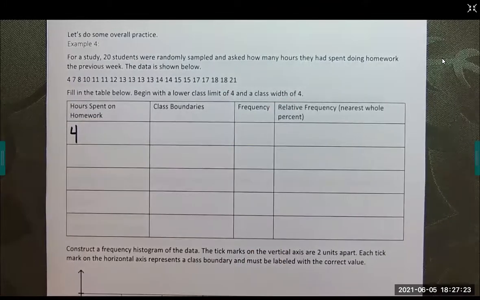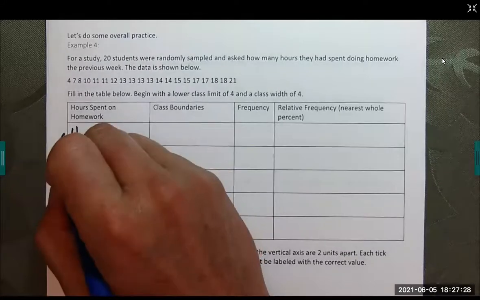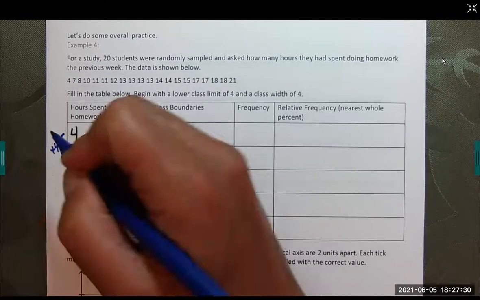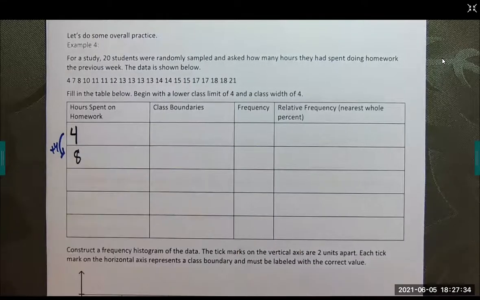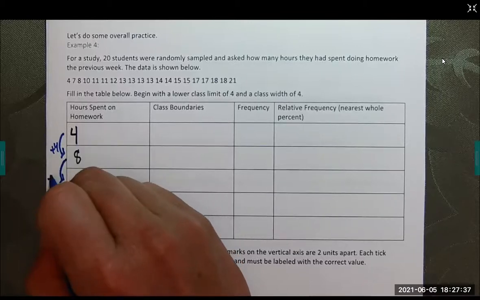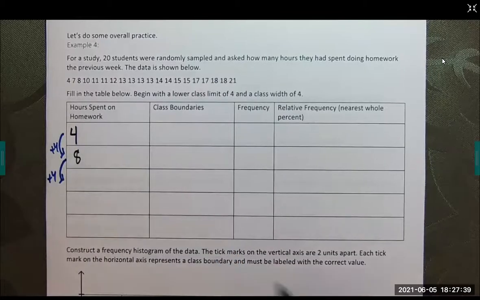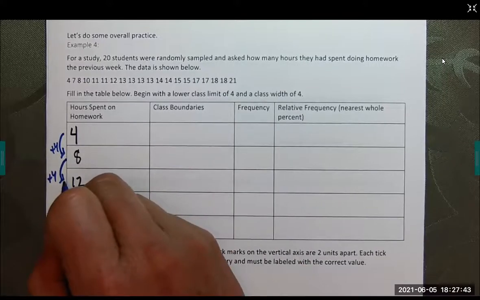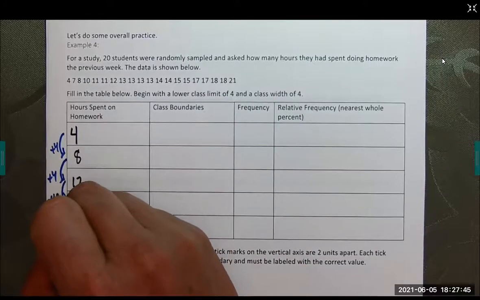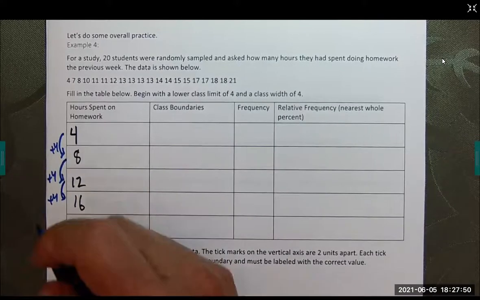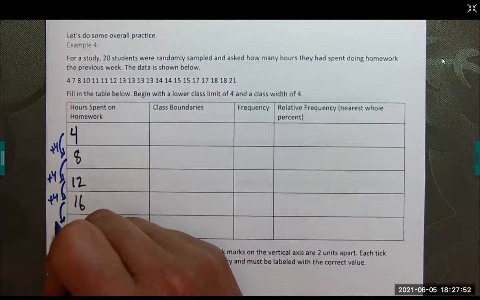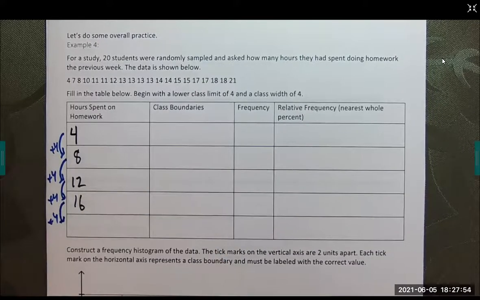So remember, I'm going to add 4 to that to get there. Let's do that. Do that all the way down. Now, you don't have to draw these in like I am. I'm using it more as a teaching tool than anything.